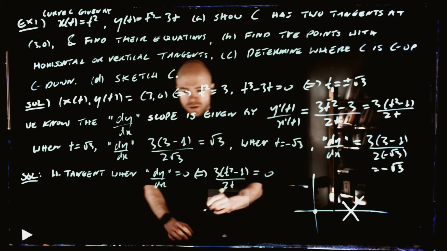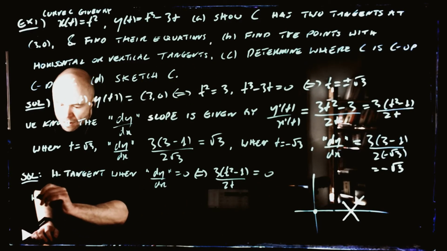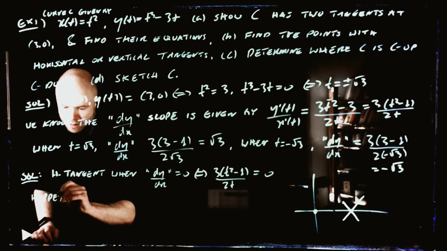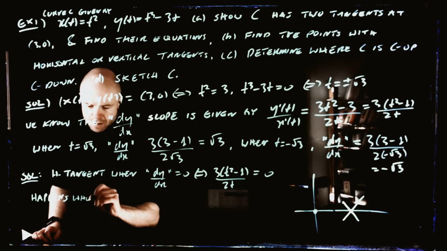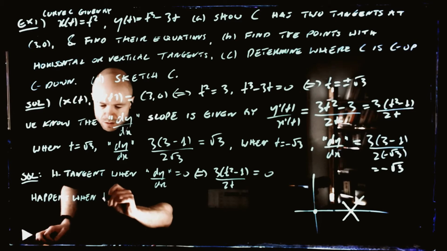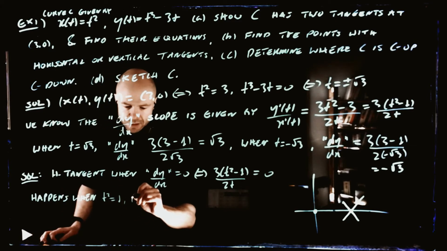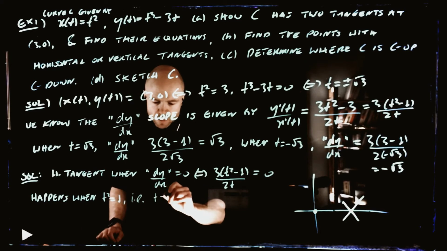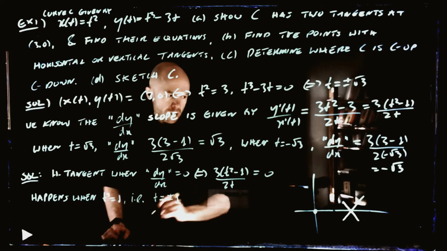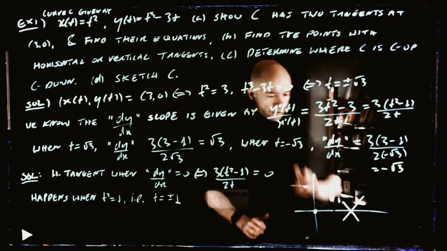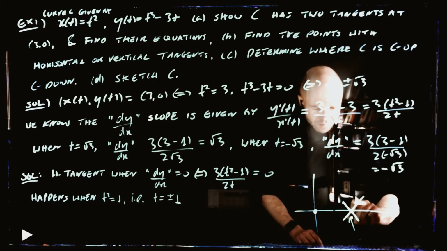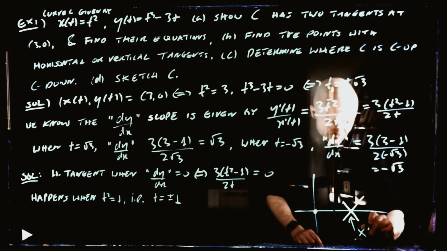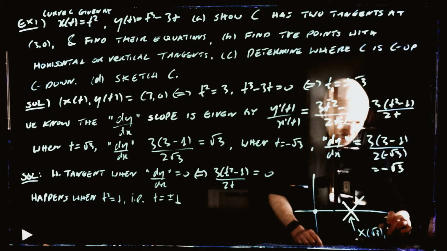So it happens when t squared is equal to 1, i.e. t is equal to plus or minus 1. Okay, so that also somewhat starts to fit because this thing here is either time root 3 or time minus root 3, right?